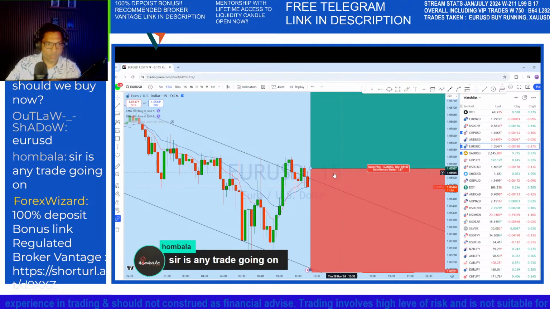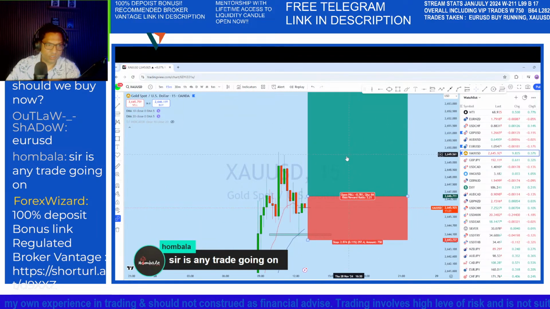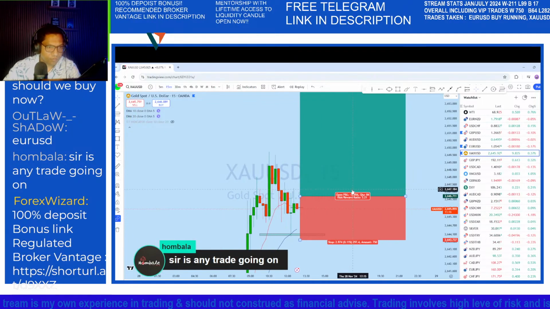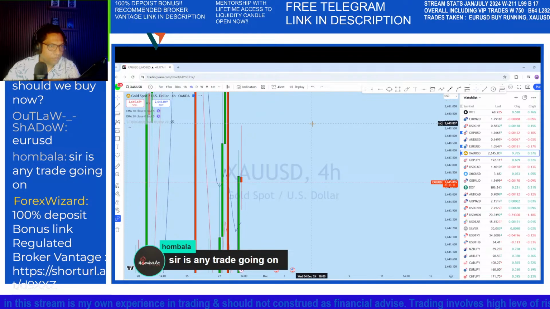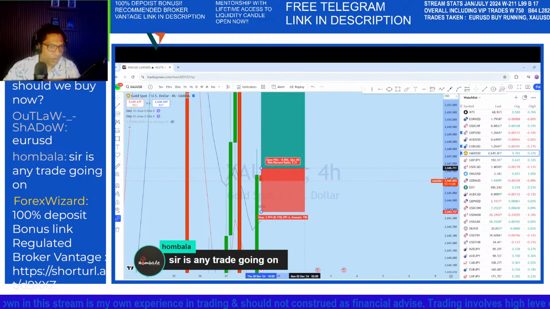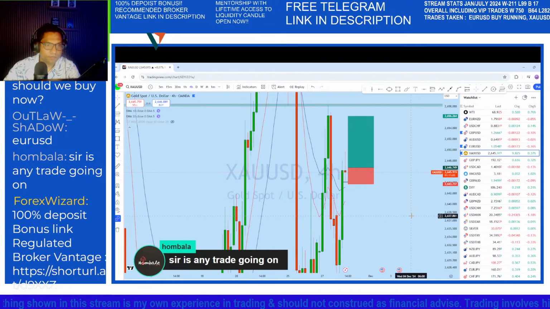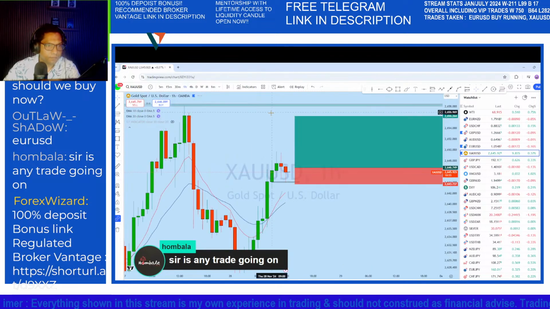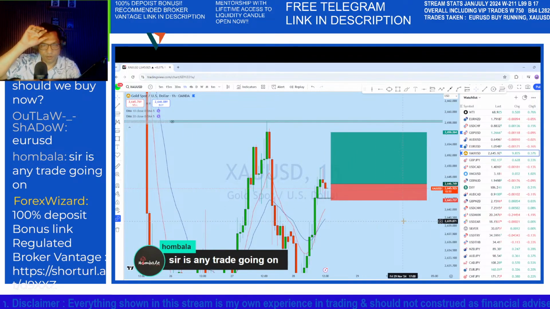So Euro dollar is sideways. We will leave it sideways until we see a clear movement on XAUUSD. The 4 hour here. Now with the 1 hour time frame, this is the 1 hour candle.